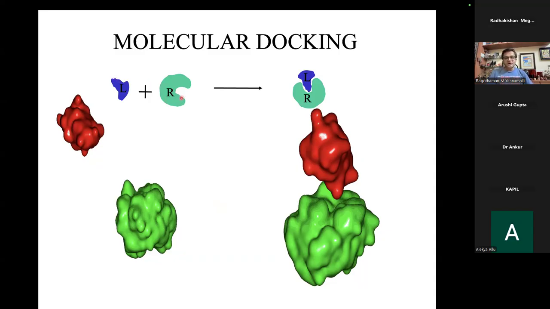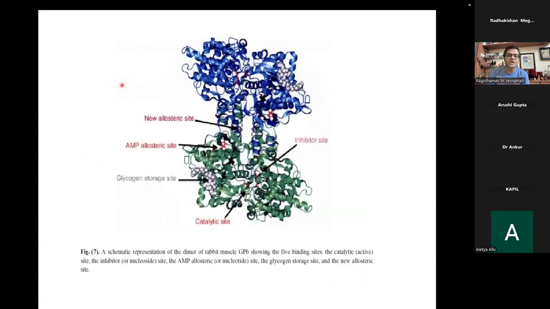So automatically, we are not docking the receptor to the ligand, but we are docking the ligand to the receptor. So the relatively smaller sized molecule is docked to the relatively larger sized molecule. When you take a larger sized molecule, like let's say a protein, here it is a rapid muscle GPP, you will have many different places in which the molecule can bind.